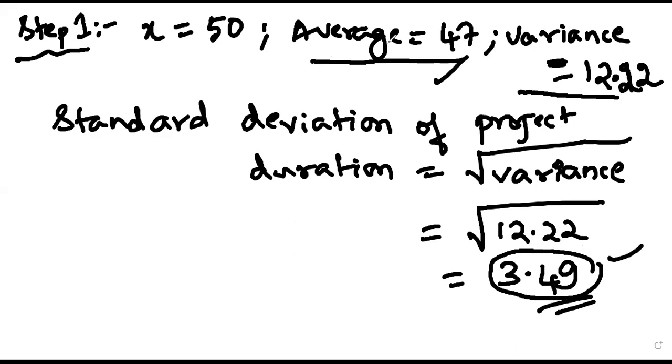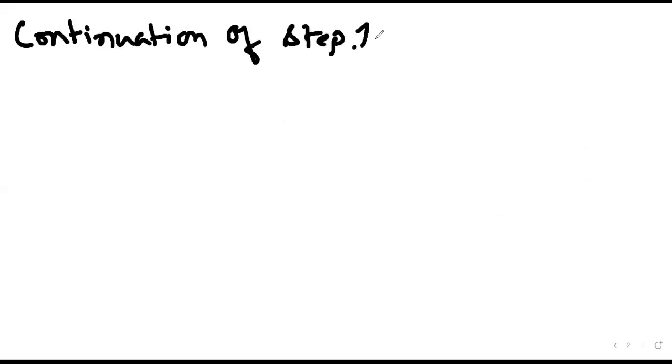Now we have to determine the probability that the project gets completed below 50 days. It's already done, so I'm just going ahead. Continuation of step 1. Locate x on the graph.